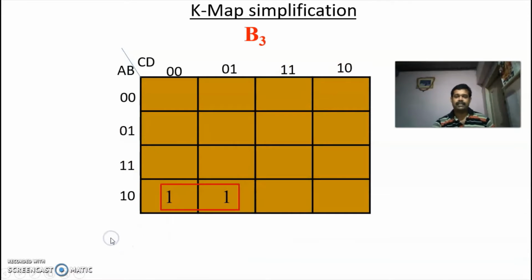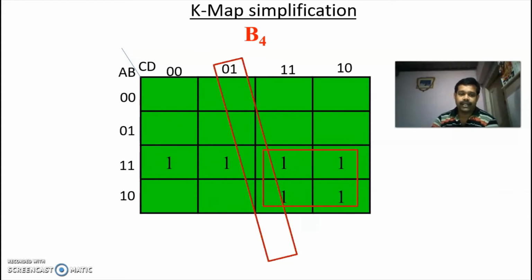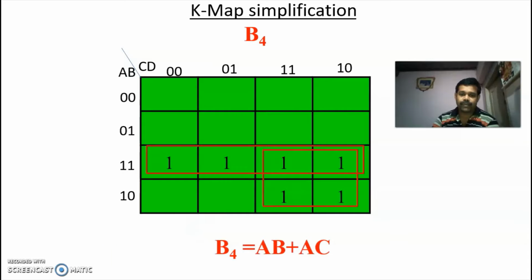Okay. Similarly, next to B3. We plot the ones and we group. The expression is A B bar C. Then similarly we look at the column of B4. Then we plot and group, and we write the expression.